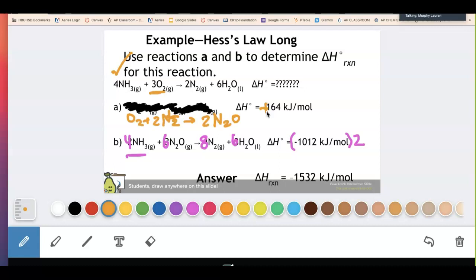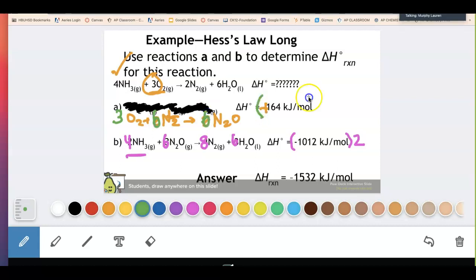And then, unfortunately, I'm not done because I need 3 oxygens. And I don't have 3. I only have 1. So how do I get 3? I multiply everything by 3 because that will give me 3 oxygens. So now this becomes 3. This becomes 6. This becomes 6.